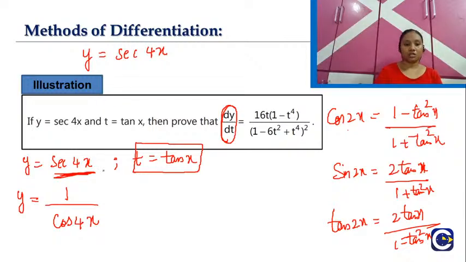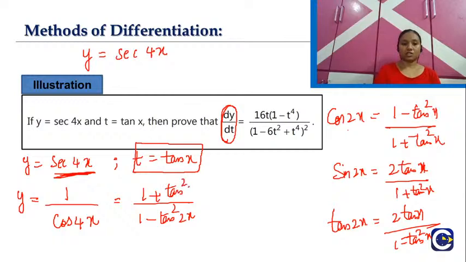So we can replace that, and it will be 1 minus tan square 2x over 1 plus tan square 2x, because for our cos 4x we are trying to replace that in terms of tan. So our y function is nothing but 1 plus tan square 2x over 1 minus tan square 2x.